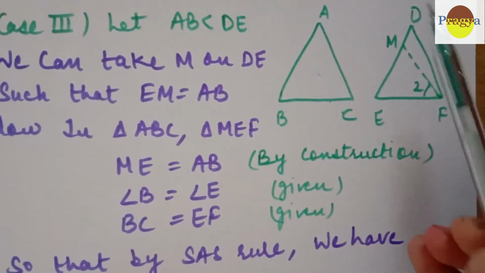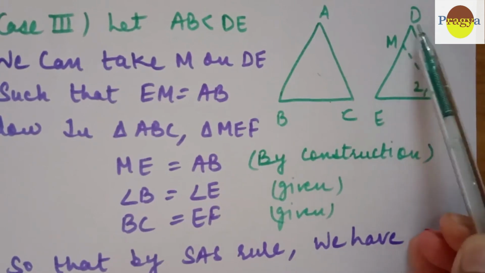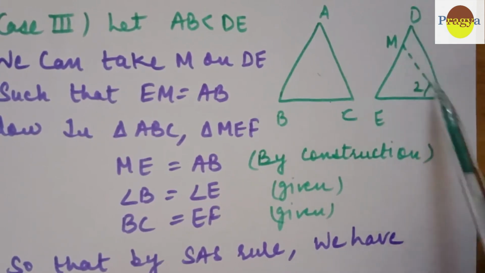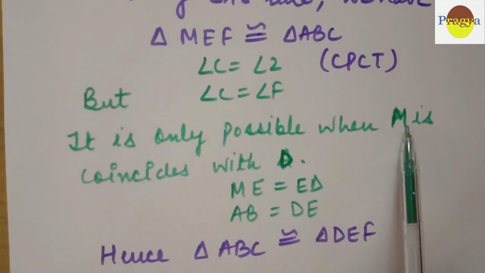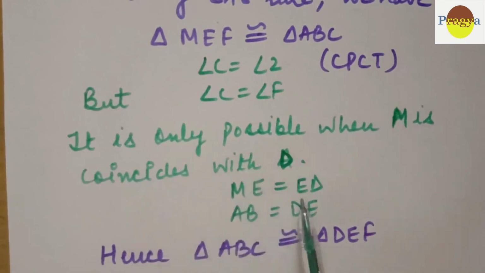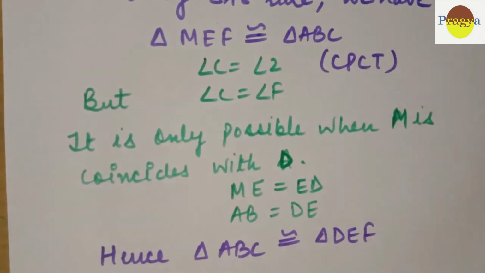So it is only possible when this vertex M coincides with this vertex D. These two line segments are not different, they are one single line. So M coincides with D, ME is equal to ED, AB is equal to DE. Hence, triangle ABC is congruent to DEF.